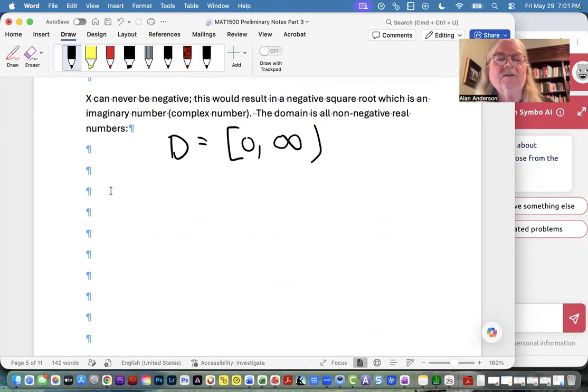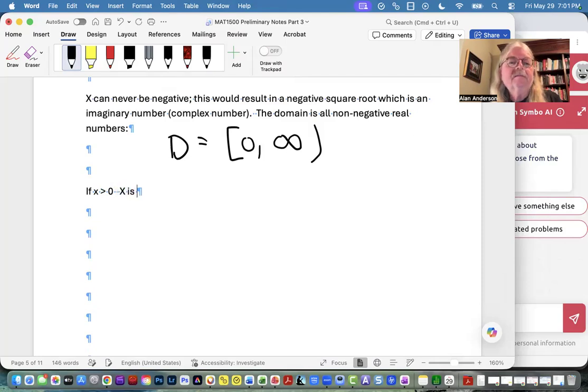By the way, I do want to remind you of a little bit of terminology. If x is always strictly greater than zero, x is positive. But if x is greater than or equal to zero, we change the name to non-negative.